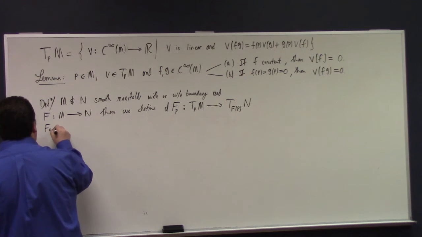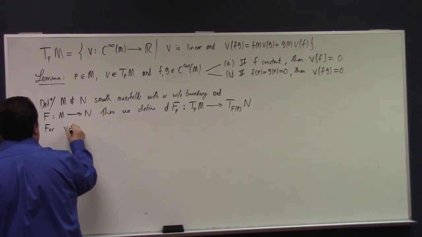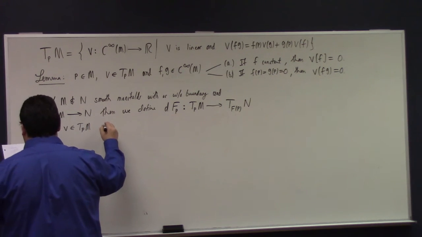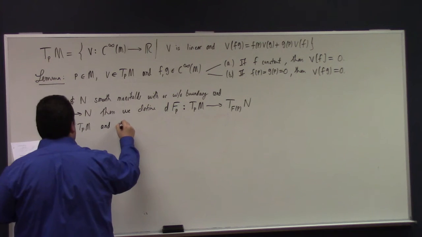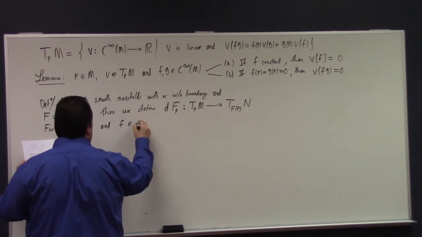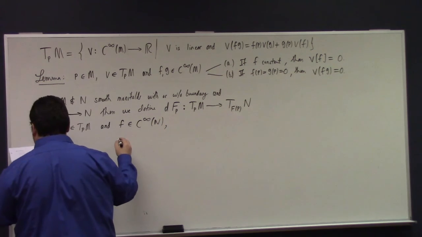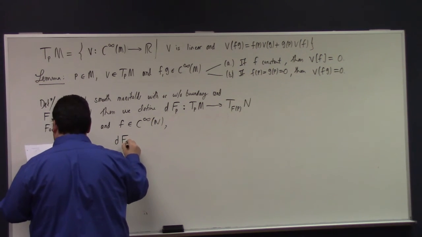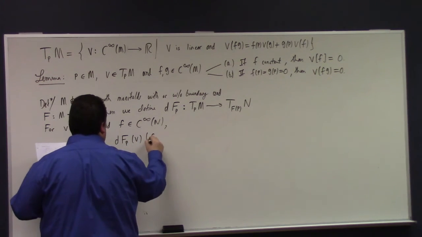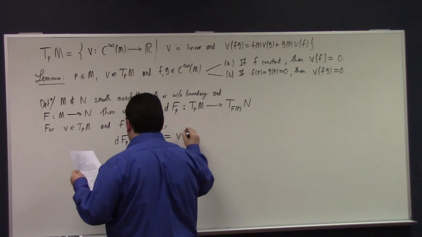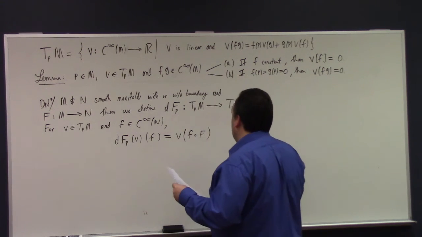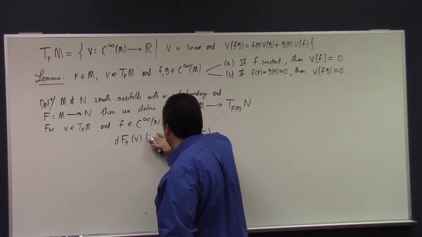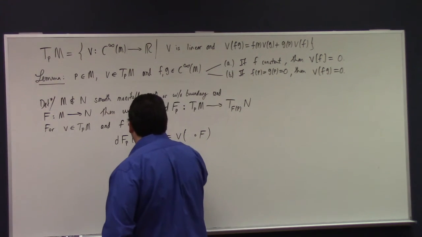For v in the tangent space at p to M, and g a smooth function on N, here's how it goes. dF_p of v acts on g according to v acting on the composition of g with F. Now I kind of don't like using f for the function on N, so I'm going to put a g in here because I like it to look different.